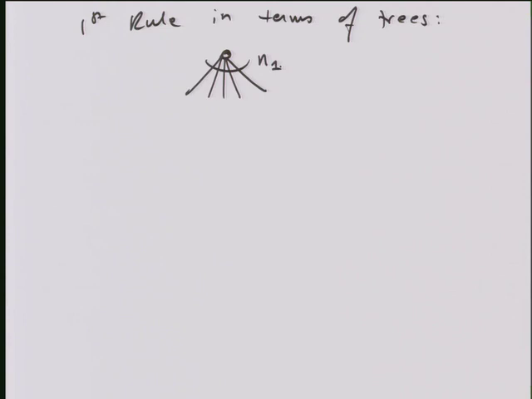And now, no matter which of these choices we make, there are n sub 2 ways of making a second choice. Okay? And then, no matter which of these we've chosen to go along, for each of these, there are n sub 3 ways of making another choice.